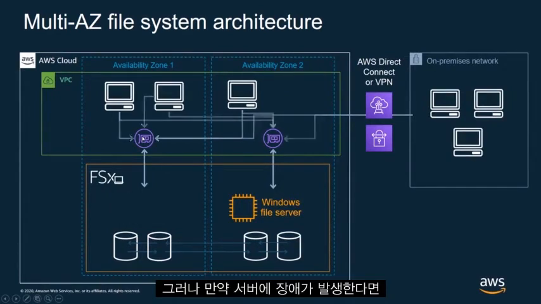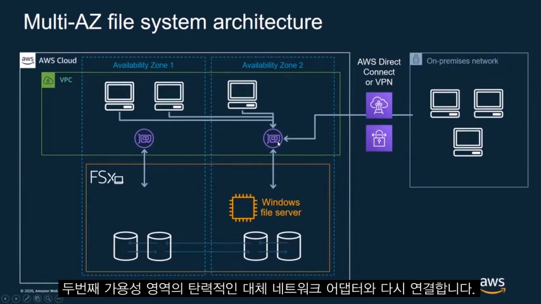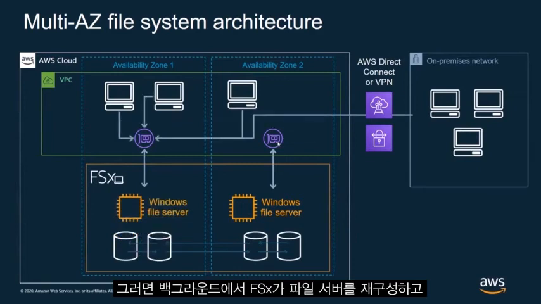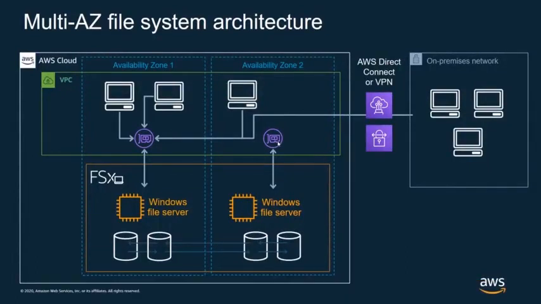However, if there's a failure, for example with the server here, those connections will automatically reconnect with Windows to the alternate elastic network adapter in the second availability zone. And then in the background, FSx will rebuild that file server, and once it's back online, those connections can be repointed back to the primary ENI, or network adapter.